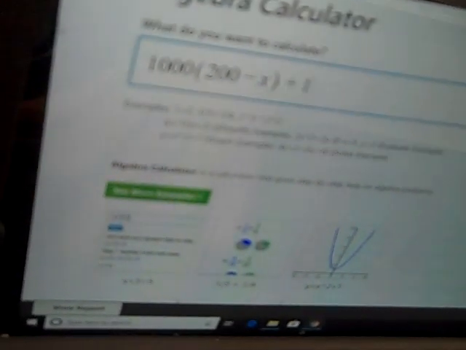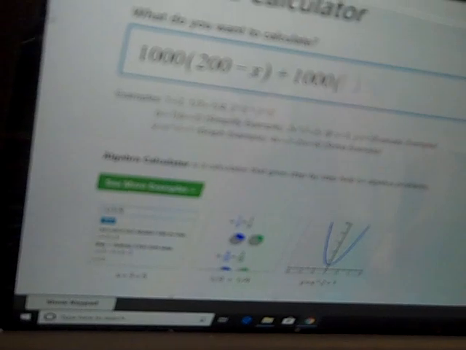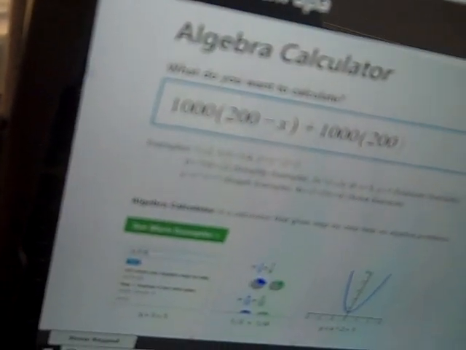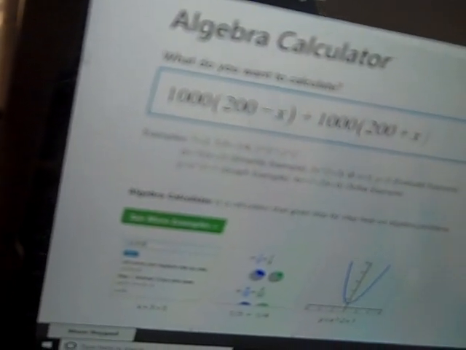So on one side, you have 1,000 multiplied by 200 plus x, or minus x, I guess, is the first one. And you add 1,000 multiplied by 200 plus x.